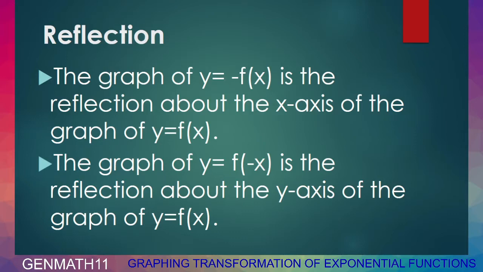So, sa case natin is yung y equals 2 to the x power, it will be papuntang kanan. Kasi yung ating base is a whole number. So, kapag naging fraction siya, papunta naman siyang papuntang kaliwa yung kanyang graph. Then, the reflection will be papuntang right. Okay? So, naintindihan? So, tumungo tayo sa example.